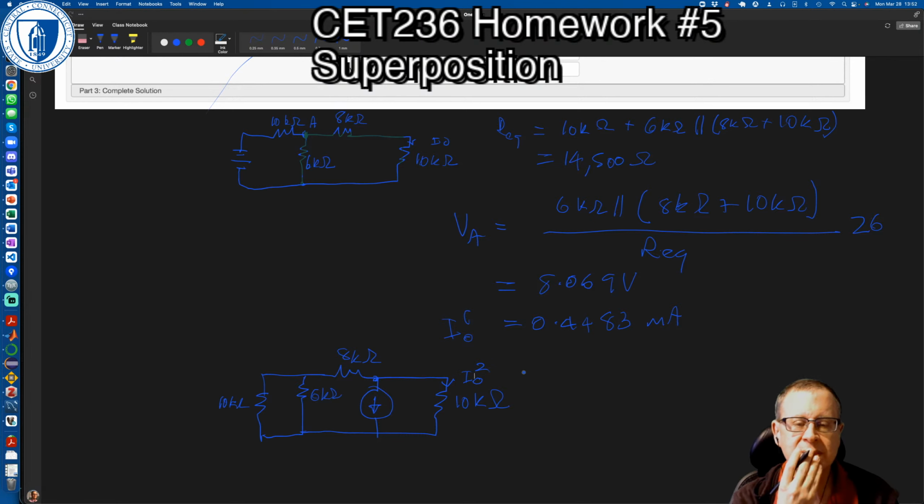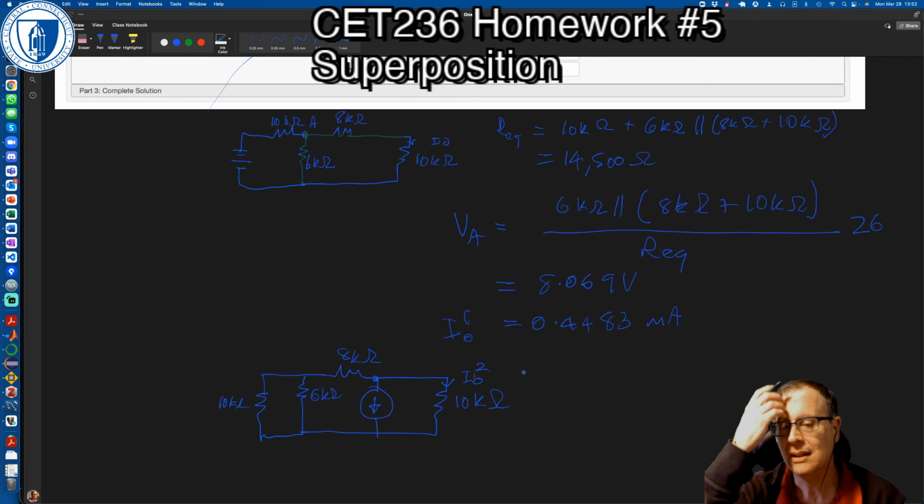So how do we get that one? Well, I think I'm just going to do it as a current divider, right? Because we've got the 8K, the 6K and the 10K on the left hand side as one equivalent resistance, and we've got the 10K on the other side.